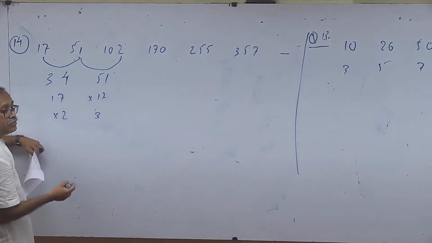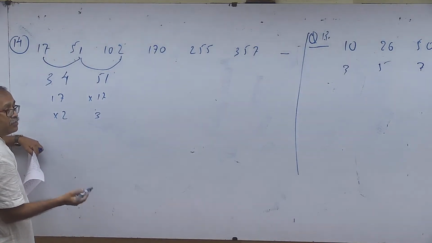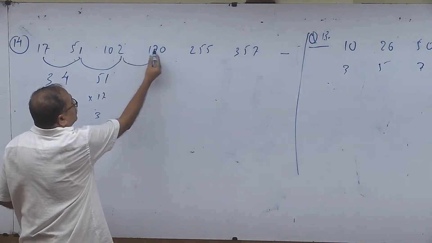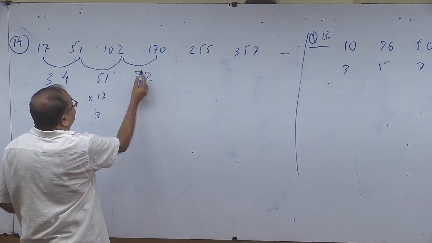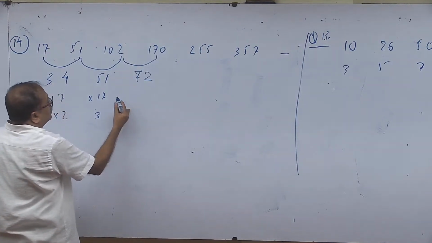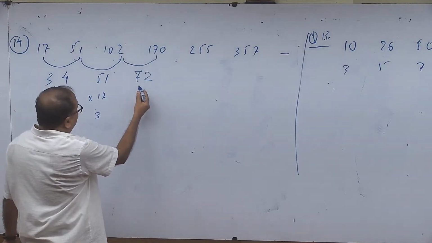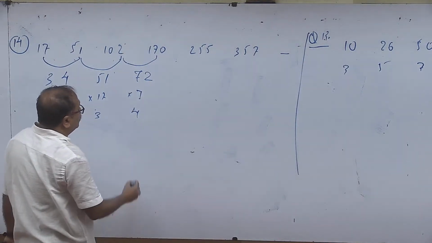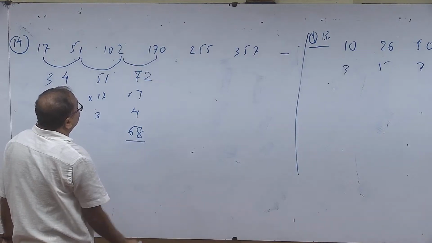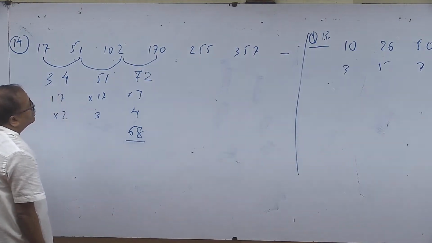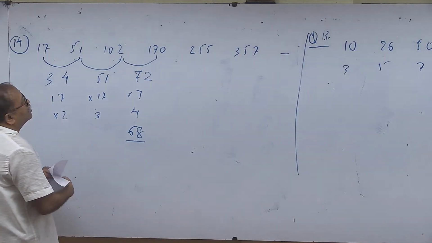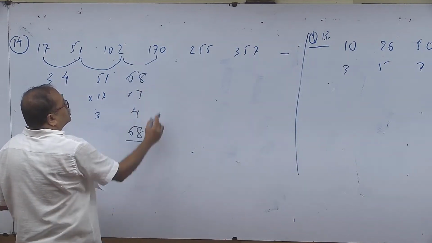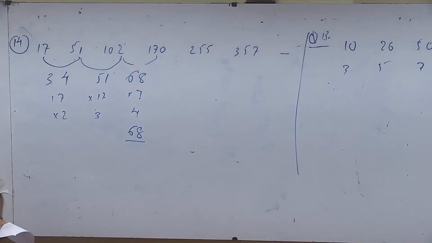If the next number is 17 into 4 or 17 into 5, we understand the logic here. 17 into 4 is 68. Yes or not? Then the gap is 68 actually.